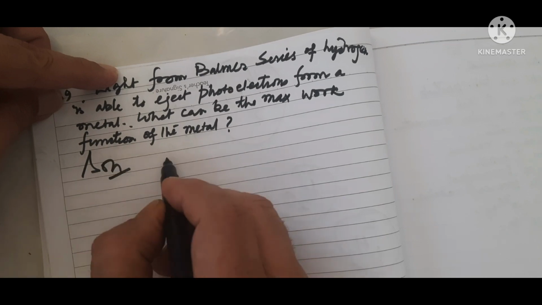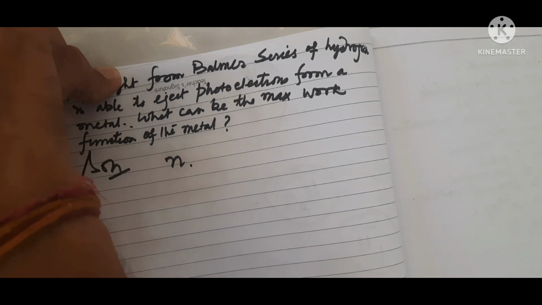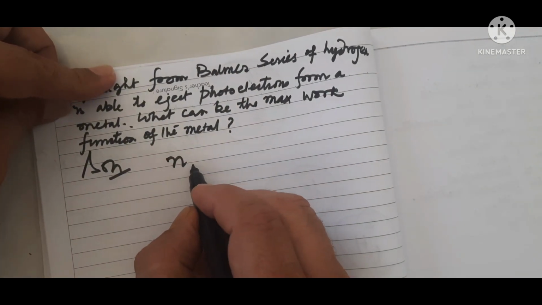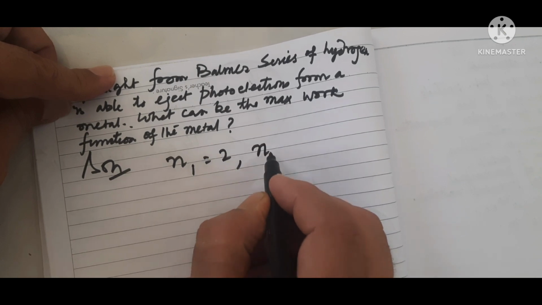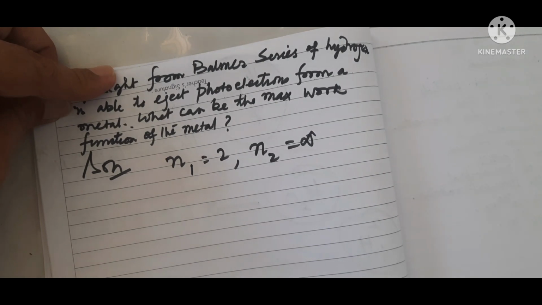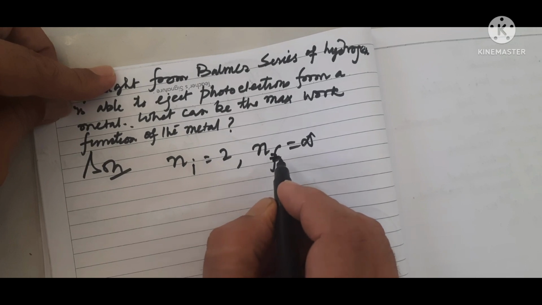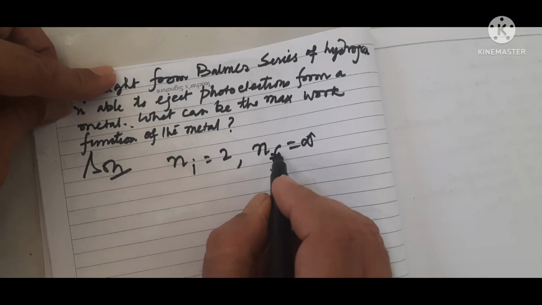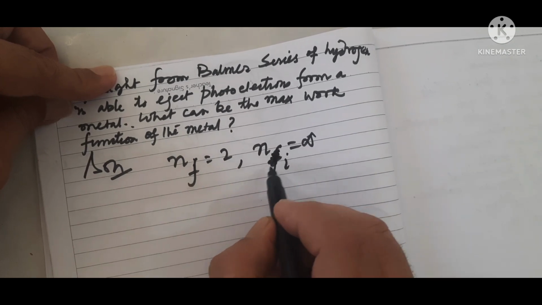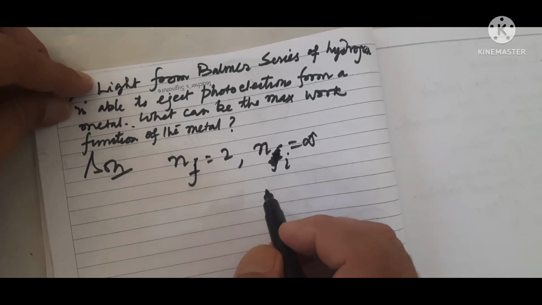So how to solve here, Balmer series, and the maximum energy means the lowest wavelength, so nf should be 2 and ni is infinity, means infinity से 2 पर, so that is the initial and this is the final, infinity से 2 में आ रहा है बाल्मर सीरीज के लिए.